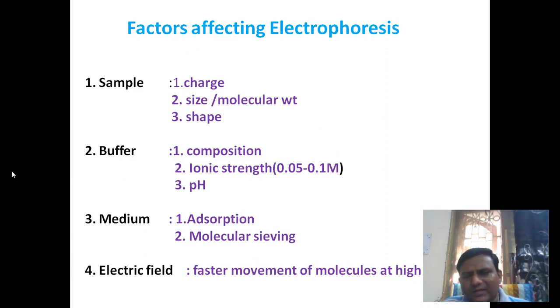If the concentration of that agarose gel increases, the porosity decreases, and ultimately the porosity of the medium affects the mobility or migration speed of that molecule.